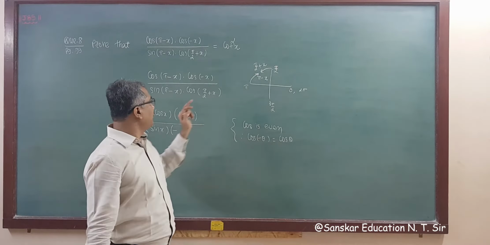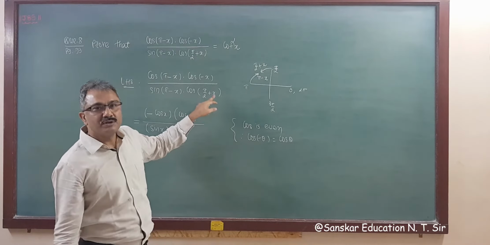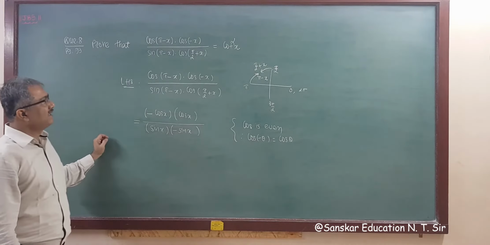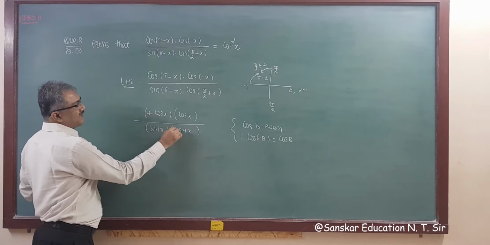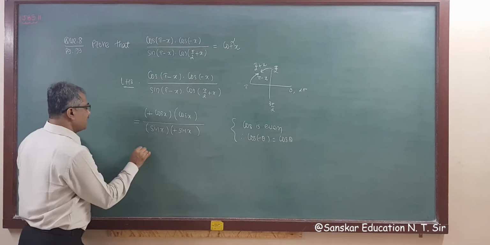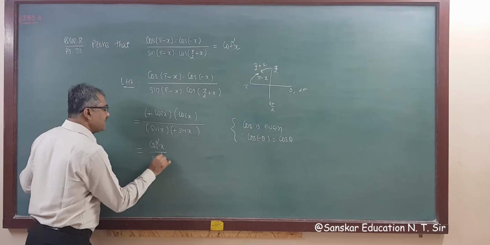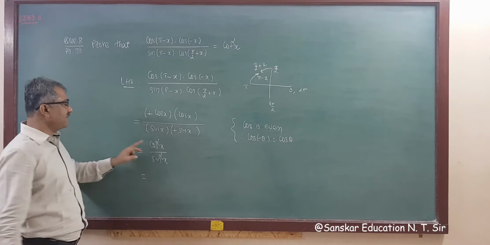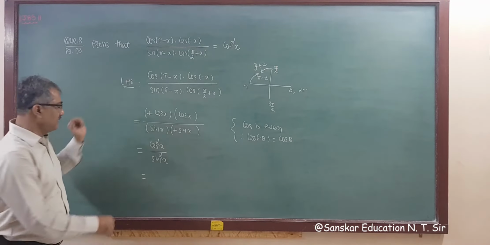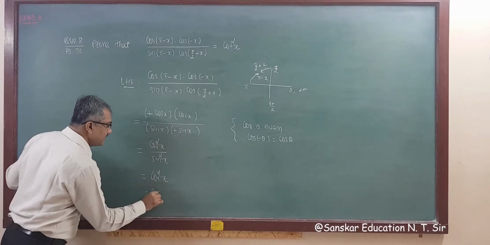Change, yes, because the full angle is not given, it is a half angle, so cos changes to sin, so this is minus sin x. So now this minus becomes plus, this is cos square x upon sin square x. Now cos upon sin is cot x whole square, that is cot square x, and this is your right hand side.